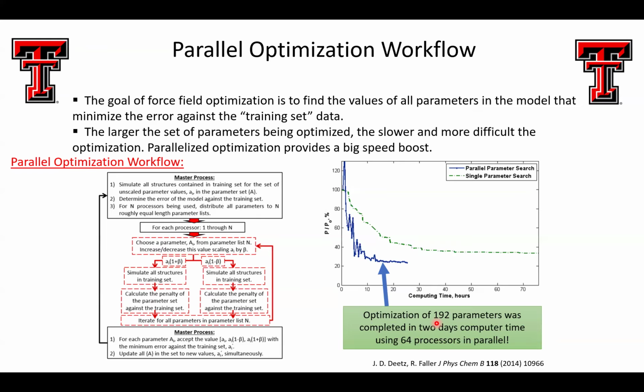So we actually used, in this case, 64 processors in parallel. So we were running 64 simulations in parallel, evaluating all of them, doing that 3 times. So we did 192 simulations at every optimization step, and then chose the local optimum and developed the next 192.